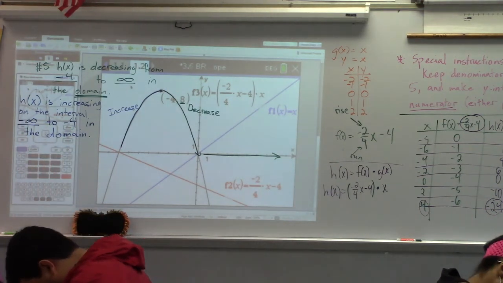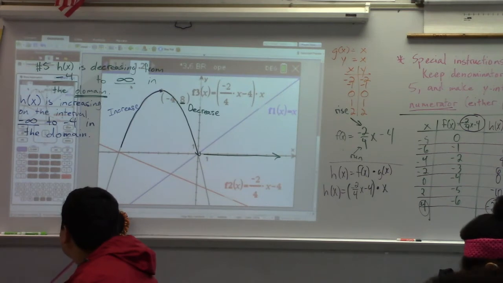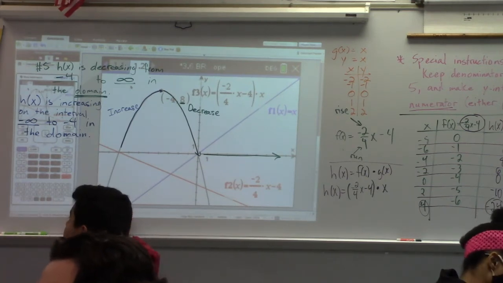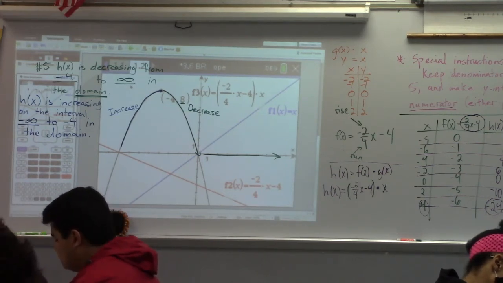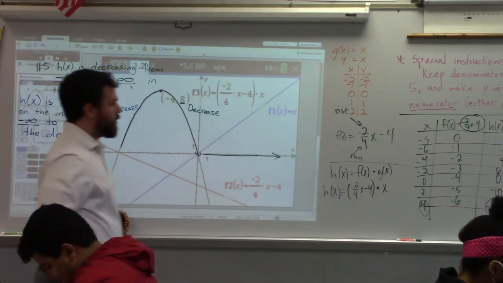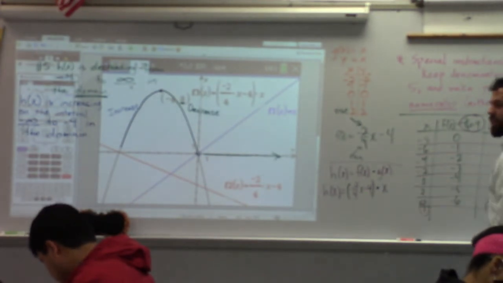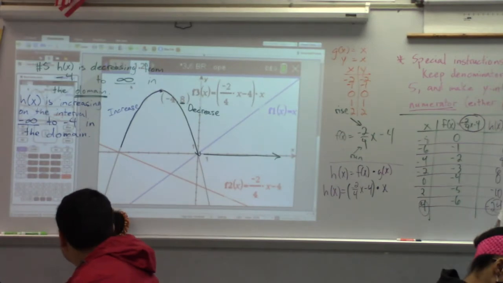You always need to be talking about your x. If you look in the textbook, the way we define the intervals of increase and decrease is that it's the domain interval for which the y values are increasing or they're decreasing. So we're always doing a domain interval. So we use the y to tell us if it's increasing or decreasing, but we're always talking about the x's when we write about it. Okay?